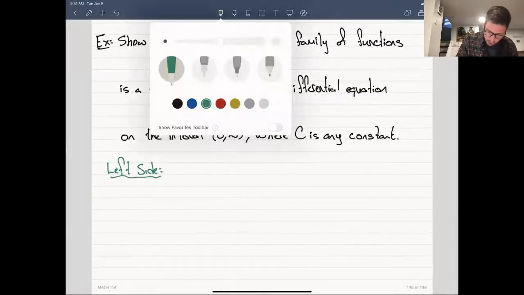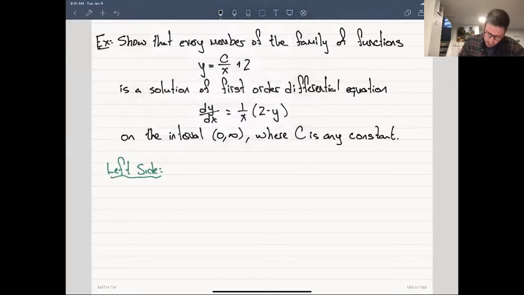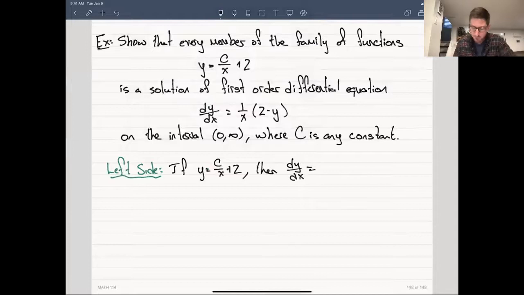Okay. So that tells me, first of all, if y is equal to c over x plus 2, then dy dx, I just need to take a derivative of this thing. So I'll just write it just so that we know what I'm doing. This is given by minus c over x squared.